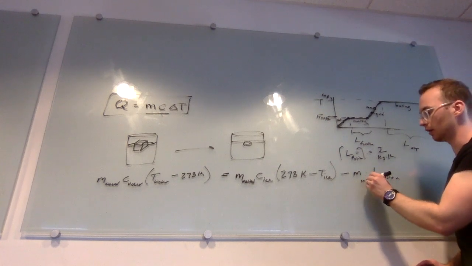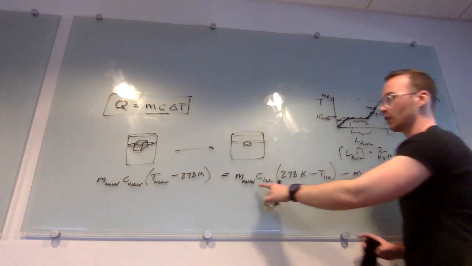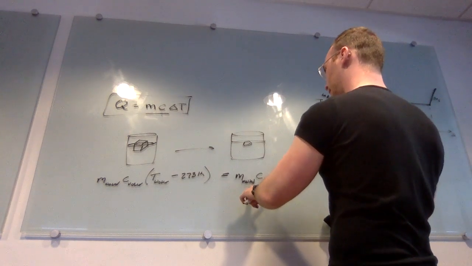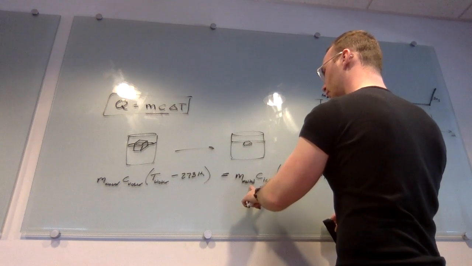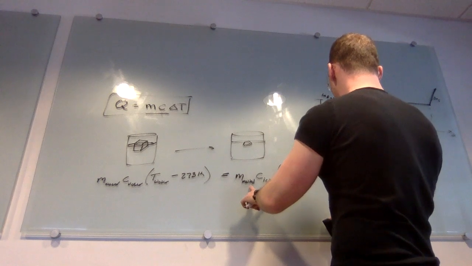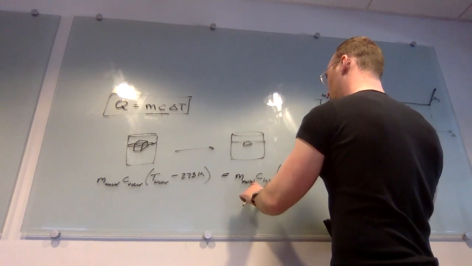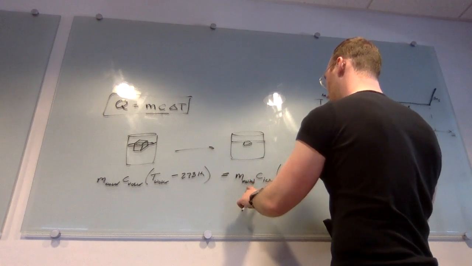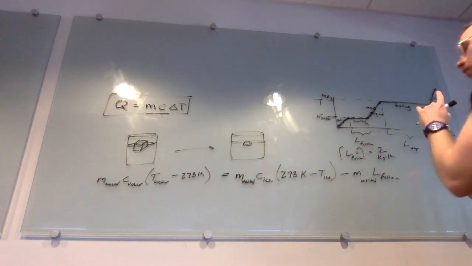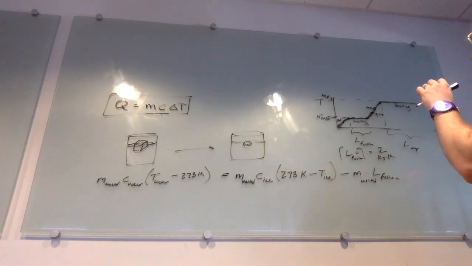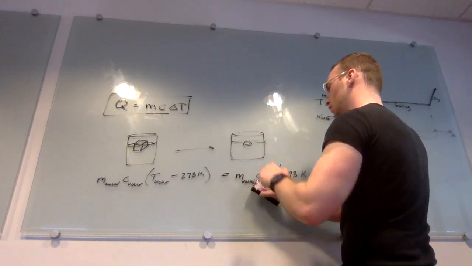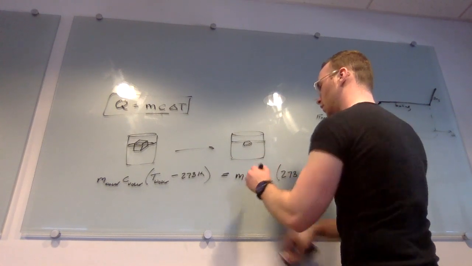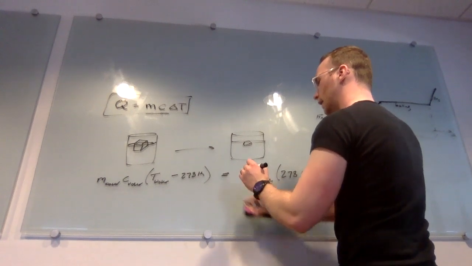Oh, sorry. Yeah, melted. So I guess this should have been, is it m solid and m melted? Like ice remaining and ice melted or something? Right. So I guess this one should be remaining.